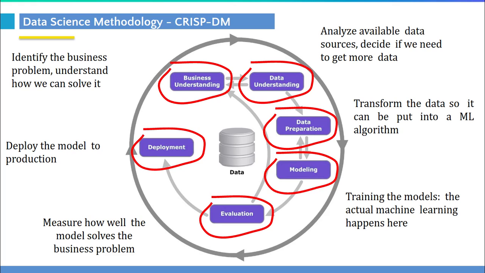Once you have a model, you evaluate how much of the business objective is met, and if some tuning is required, we can hyper-tune this model based on the business feedback. Once it is ready, we can deploy it in production. That's the next step, where deployment is required. So this is the end-to-end process for data science.